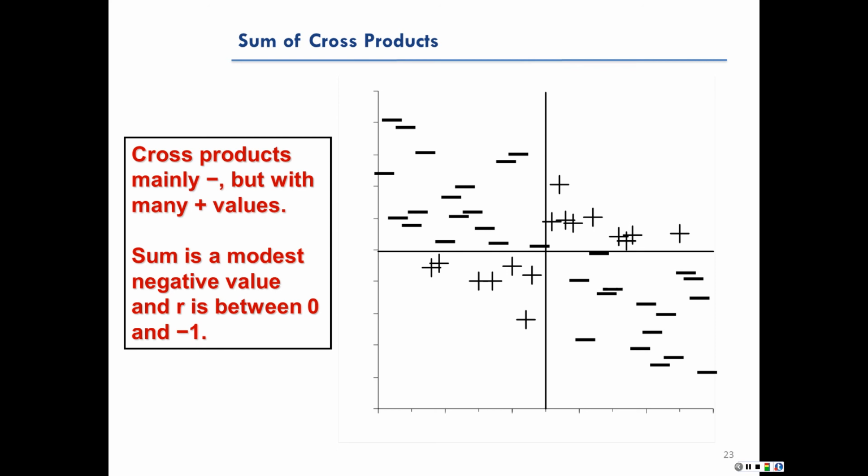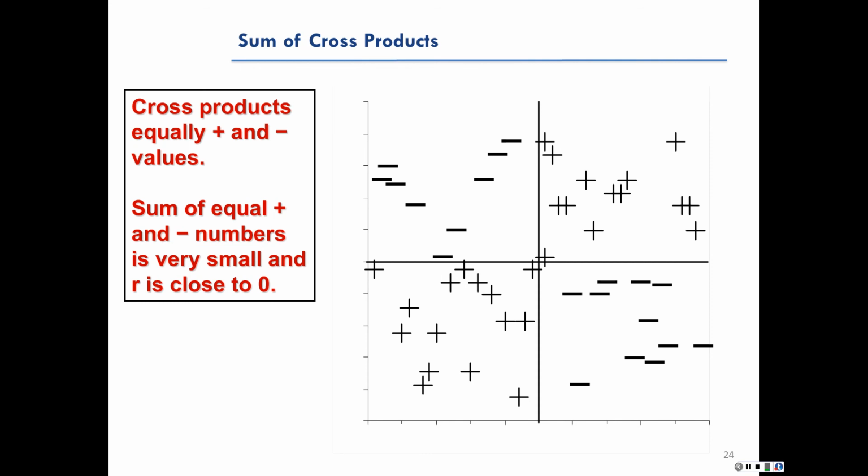So you see this line, if you put it through the middle, that would slope downward. The sum is going to end up being, so again, this is for the graphic that we saw previously, the sum in that case would end up being a modest negative value, and r, I think it was 0.6 something that we saw, so between 0 and -1.